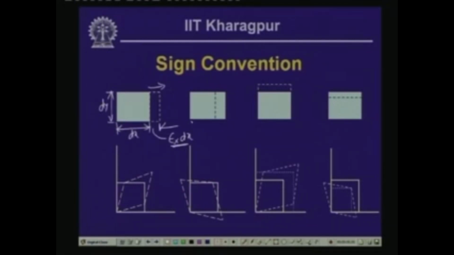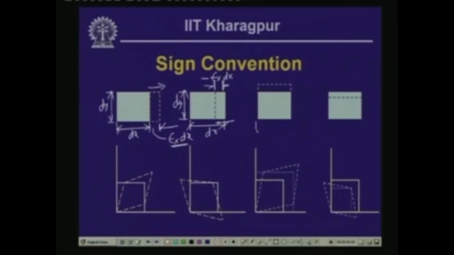Again in this element, this is dx and this is dy. Here the compression of this element is denoted by this dotted line, and this is again epsilon x dx, but it has gone in the opposite direction, or it has compressed. So here epsilon x is negative.